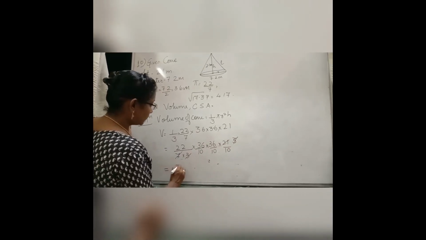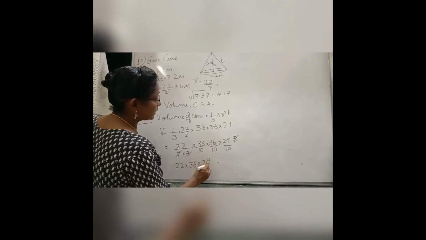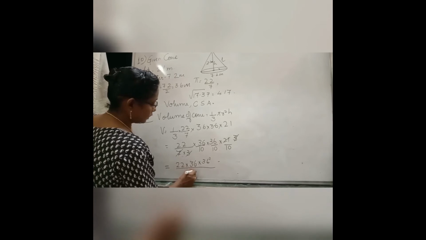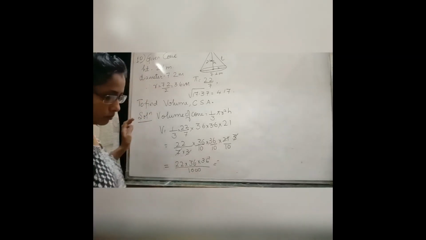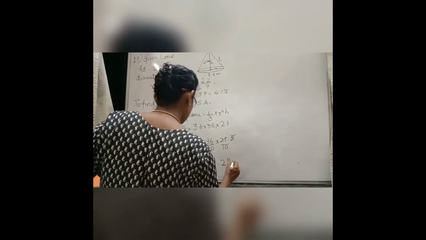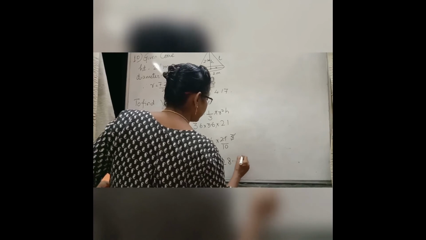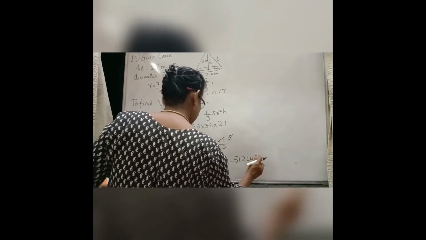So 22 into 36 into 36 upon 1000. So the value is 28.512 cubic meter.